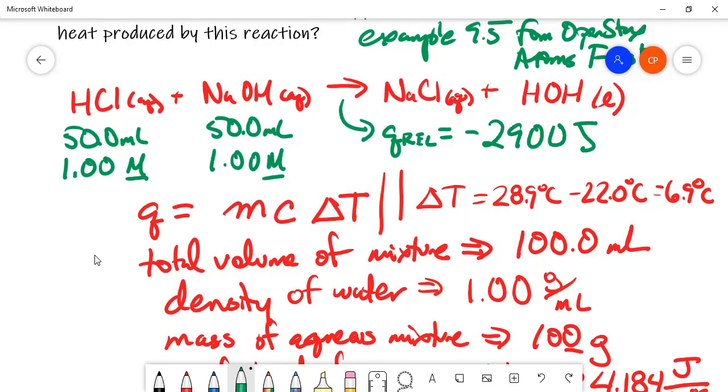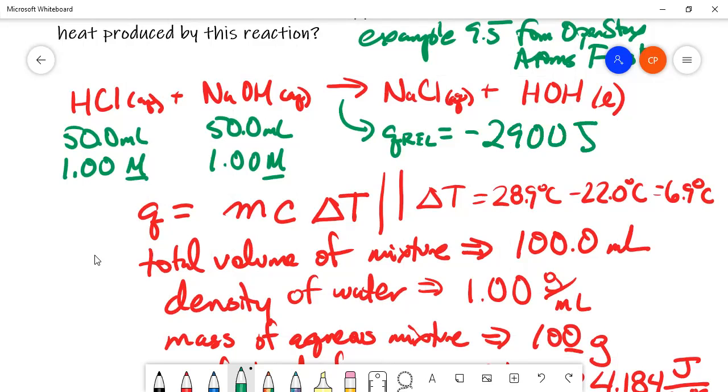That solution of water that the reaction is happening in raised its temperature by 6.9 degrees. That's how we know that the surrounding solution absorbed heat energy. That heat energy had to come from somewhere.